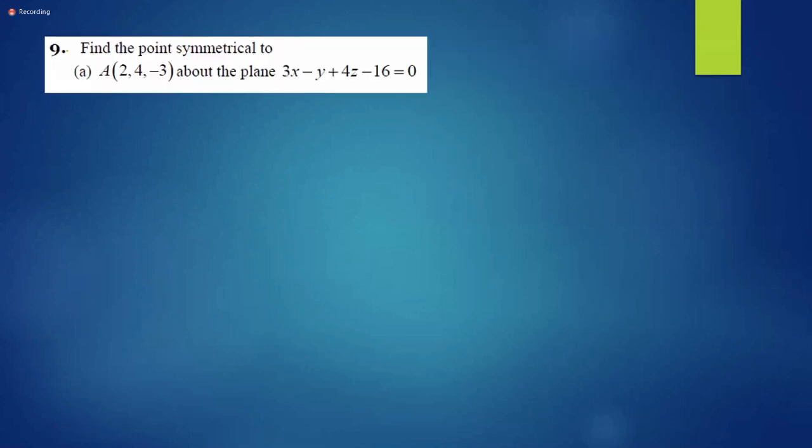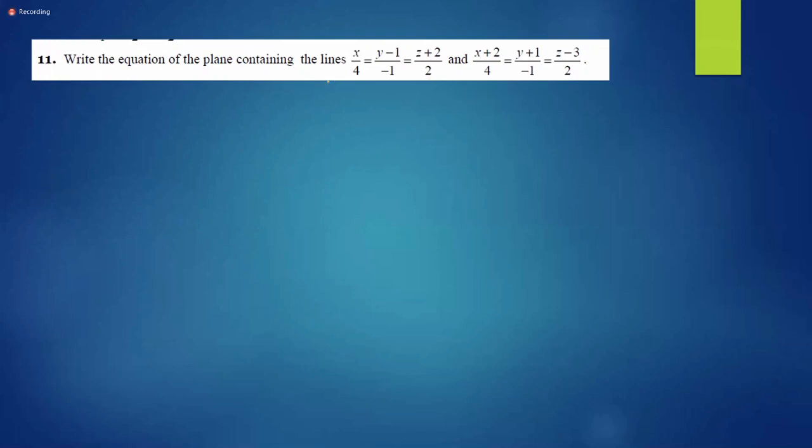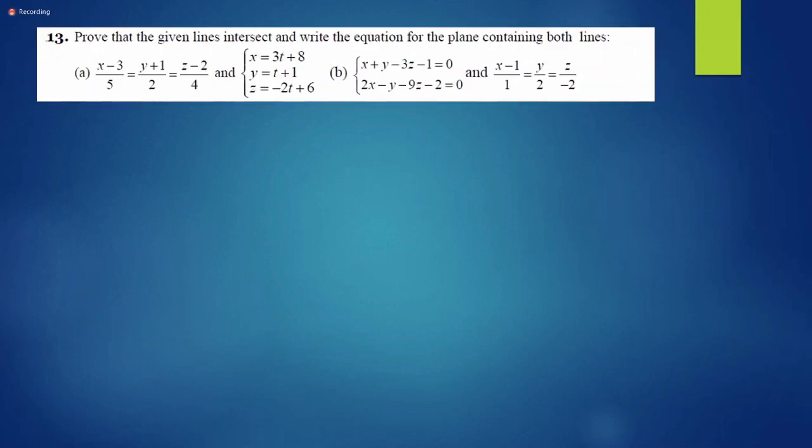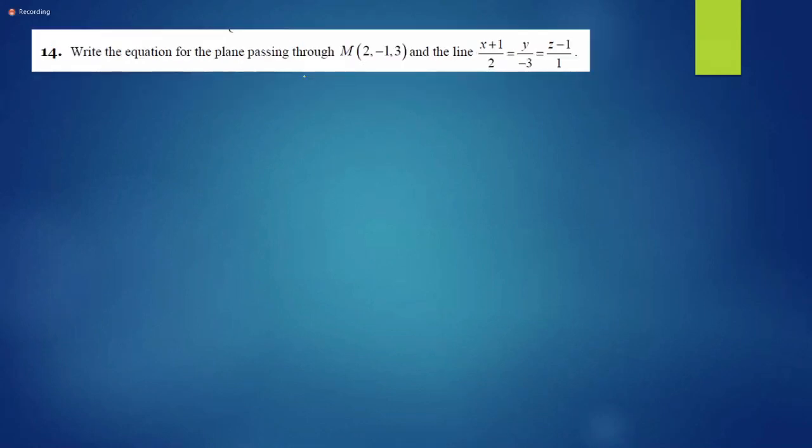Oh yes, this is important. And equation of the plane containing the two lines. Okay, yes, these are the ones that we need. Prove that the lines intersect. So we need at least to have a look at these. Equation passing through that point and the line, maybe.